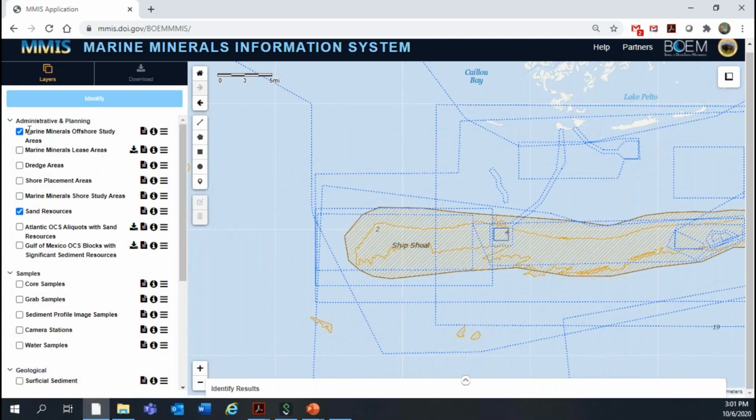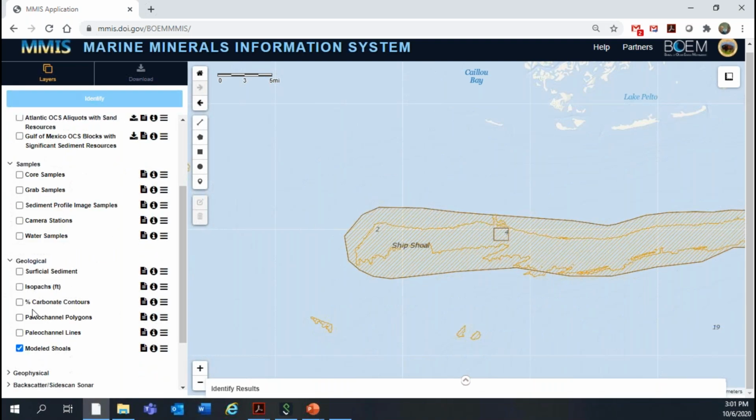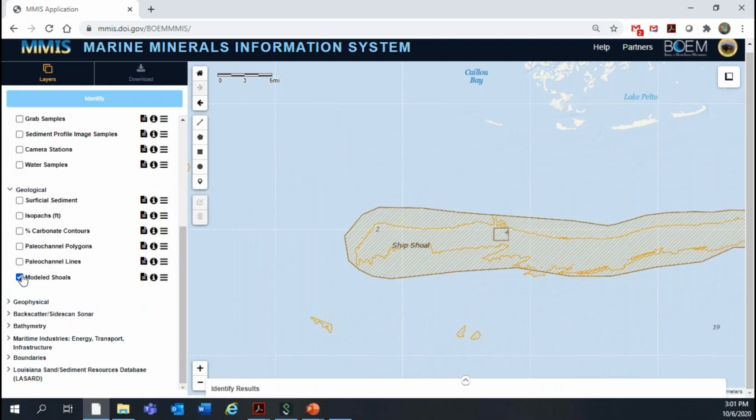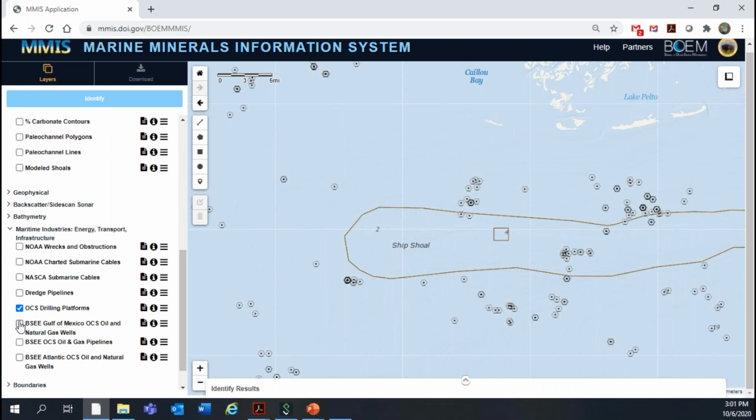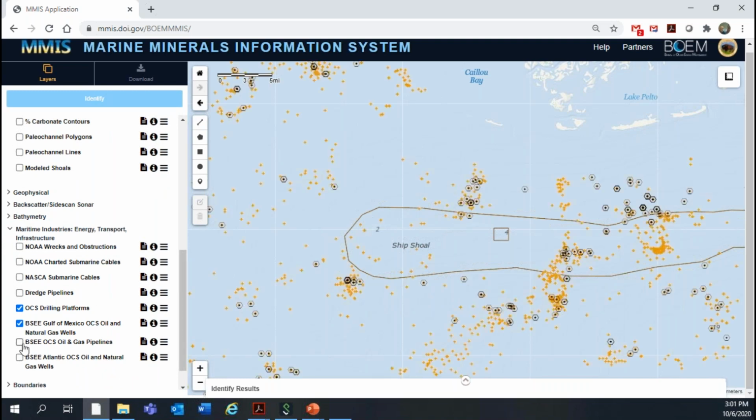So I'm going to take the study areas out, and I want to show you the issues that we have with our pipelines and wells. So all the hexagons are platforms. These are all wells in this area. And again, this is an area highly used for the states as a sand resource.